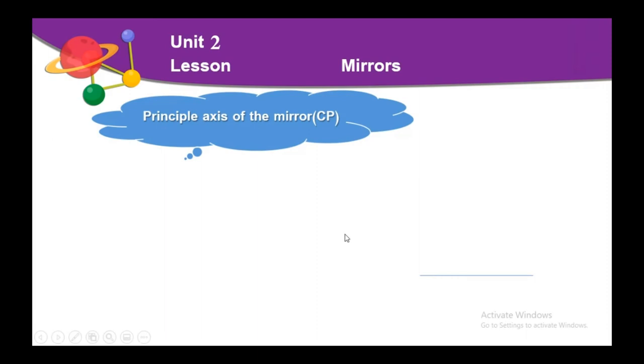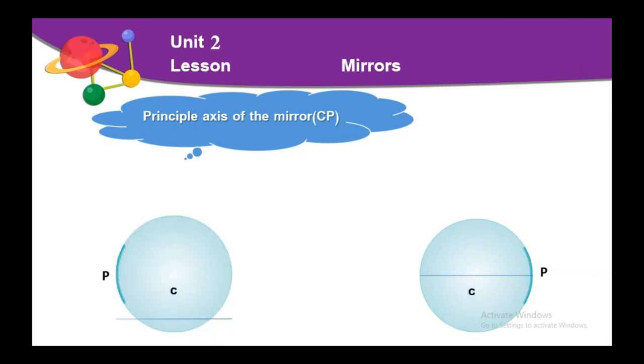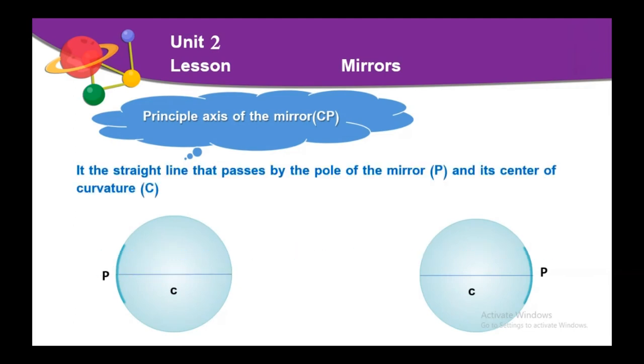Principal axis of the mirror. What is the meaning of principal axis? It is the straight line connecting the pole and the center. It is the straight line that passes through the pole and the center of curvature.